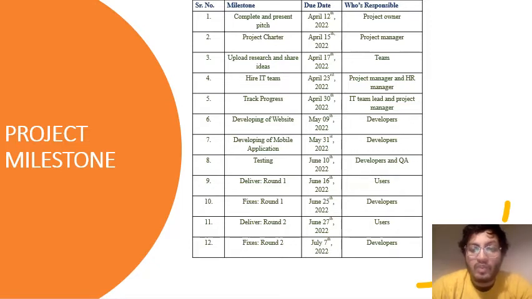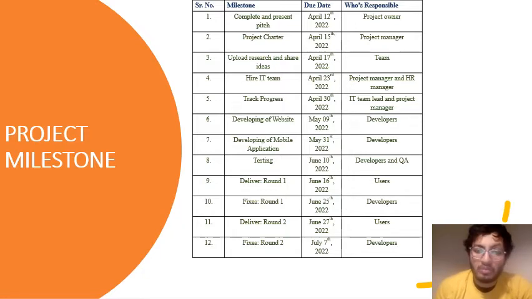Now users deliver for round 1. The developers fix for round 1. Users deliver for round 2. Developers fix for round 2. They have a June deadline for all 4 works.